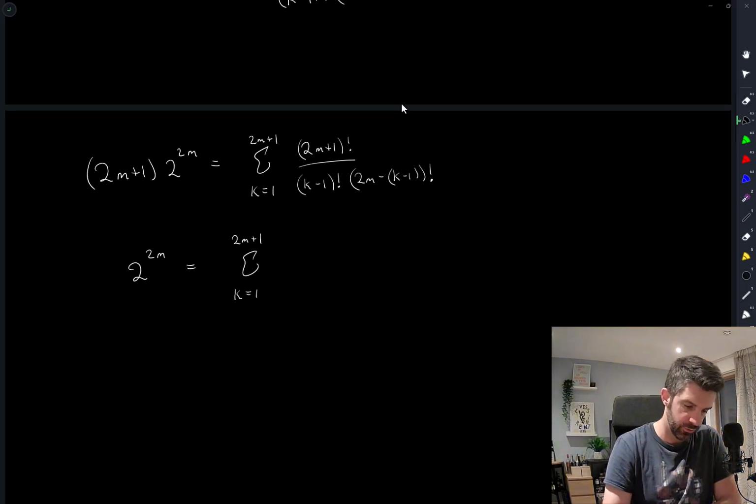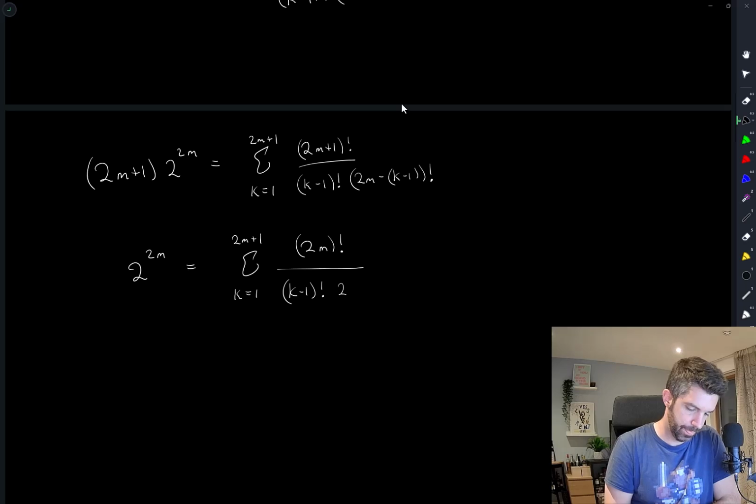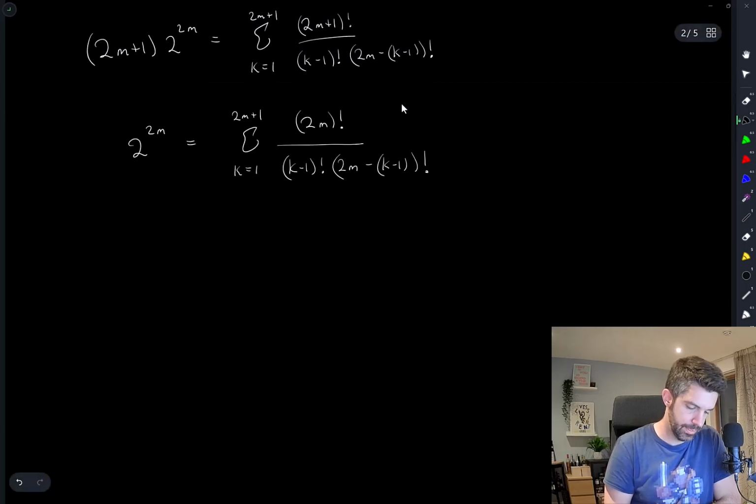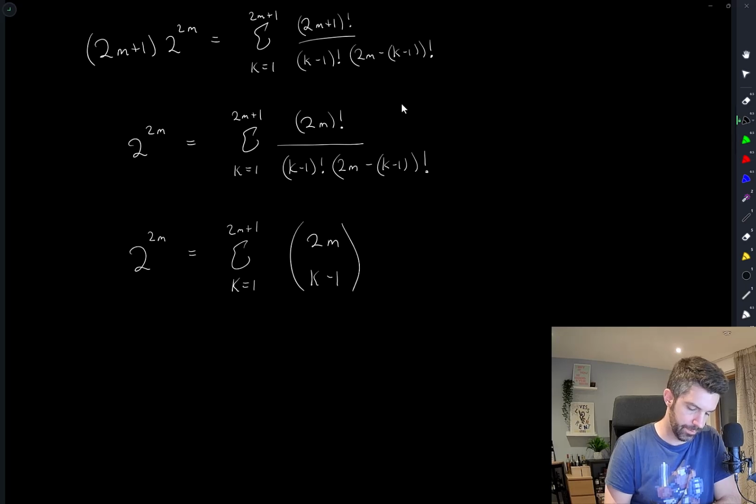So this numerator becomes (2m)! divided by (k-1)!(2m-k+1)!. So 2^(2m) is equal to the sum as k goes from 1 to 2m+1 of (2m choose k-1).